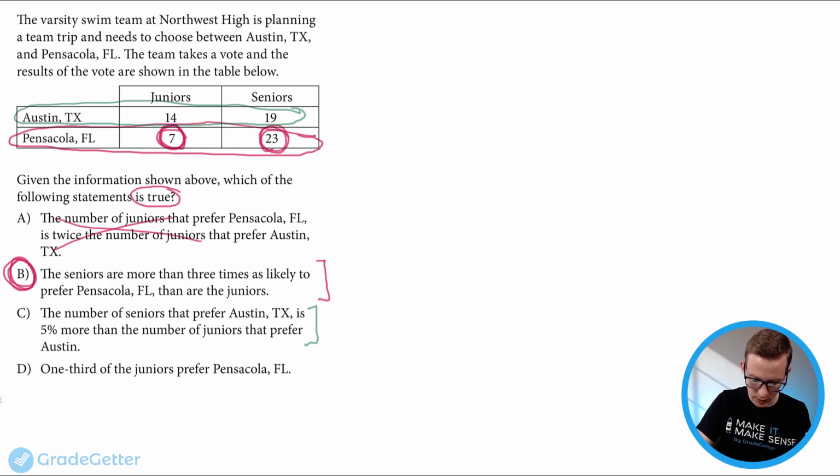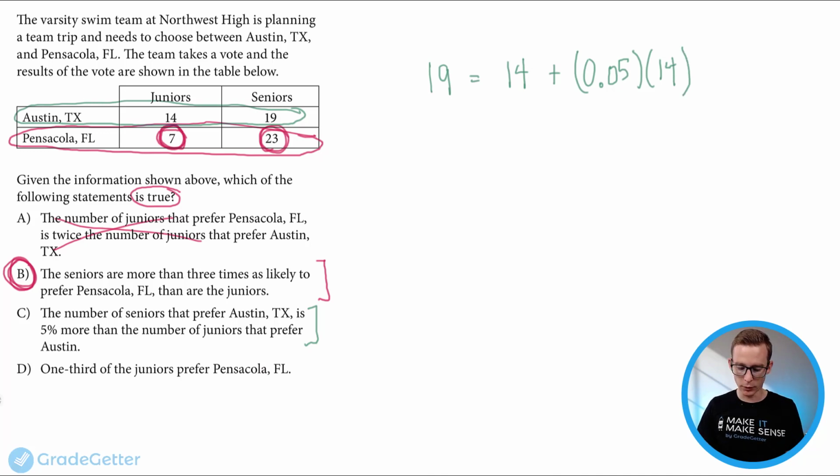So let's see, is this 5% more than the number of juniors that prefer Austin? So 5% more would be 5% of the juniors, so 0.05, this is 5% of the juniors, and there are 14 juniors. So let's see if this is true.